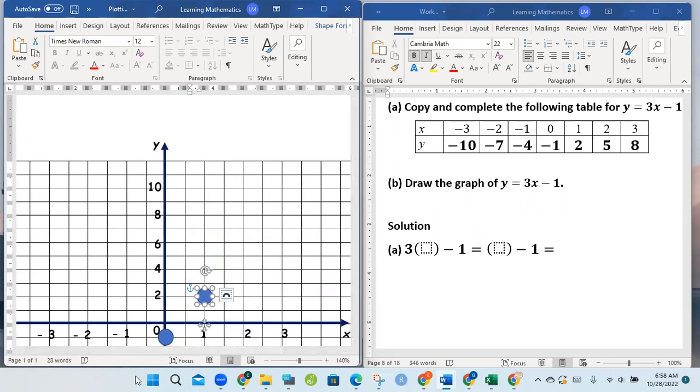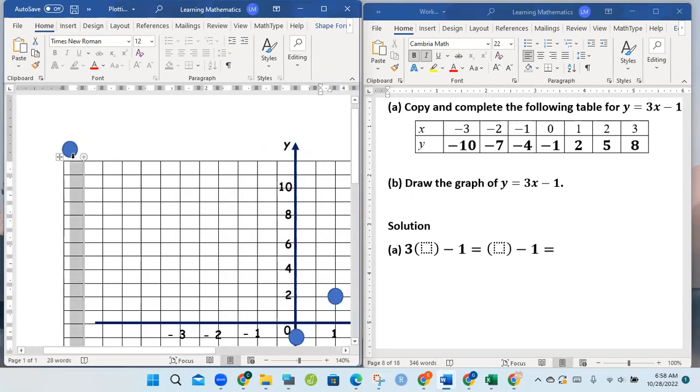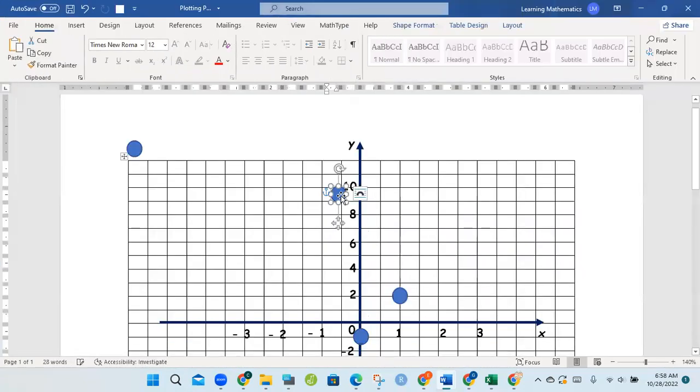Likewise, 2 on the X, and we have to go up to 5 on the Y. So first, let's look for positive 2 on the X, that's on the right side of 0. 2 on the X, right here.